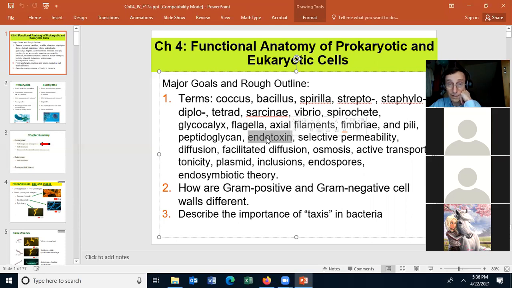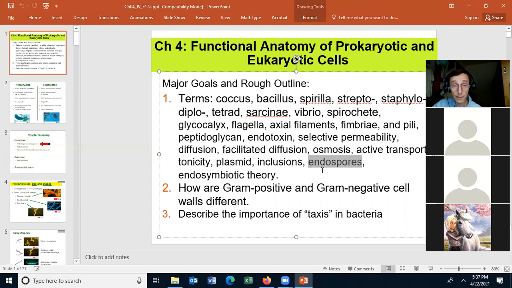So once again, these 2 are major topics that we will hit time and time again in this class. And I guess here's another one, an endospore. We will talk about that at least 2 times, I'm not sure how many, maybe 3 times. These are ones that you do need to know, and we'll talk about them time and time again.